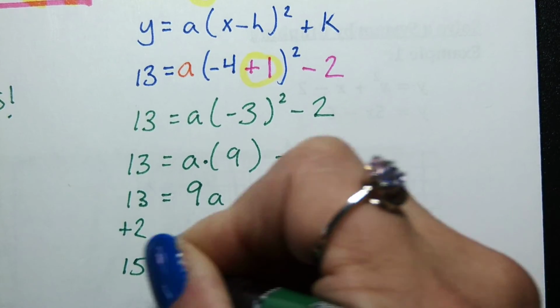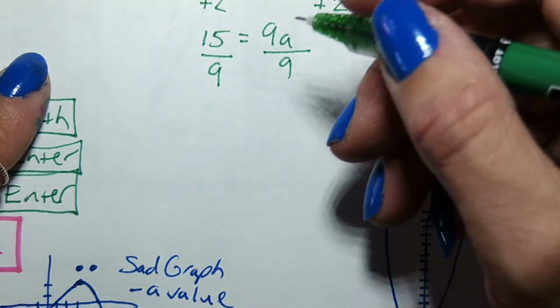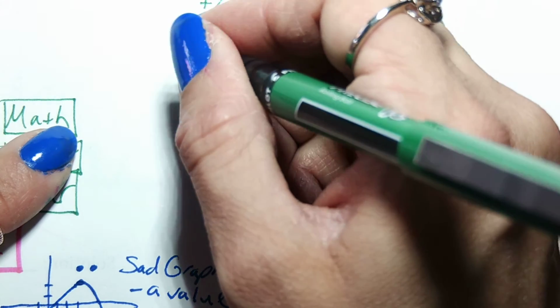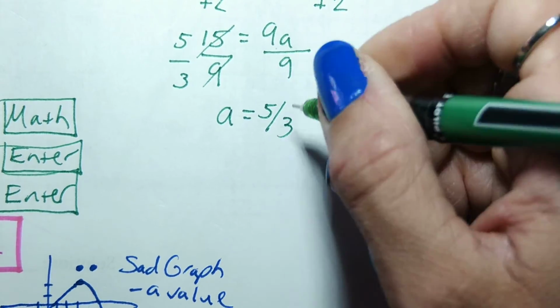9a, divide by 9. And are we going to leave my a value as 15/9? What can we divide out of the top and the bottom? A 3. 15 divided by 3 is 5, and 9 divided by 3 is 3. So a is 5/3.